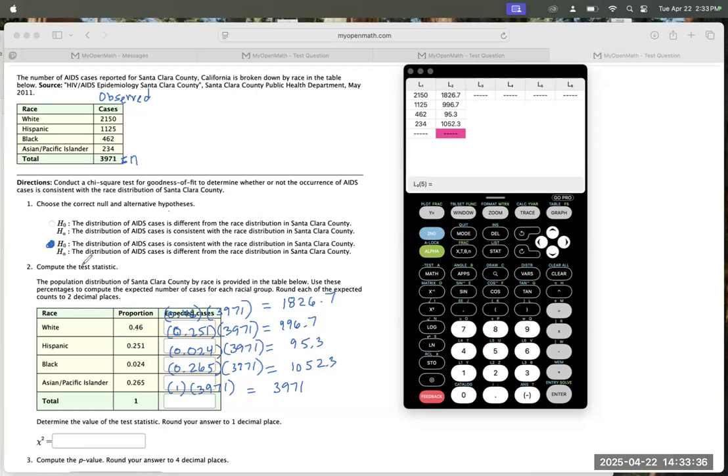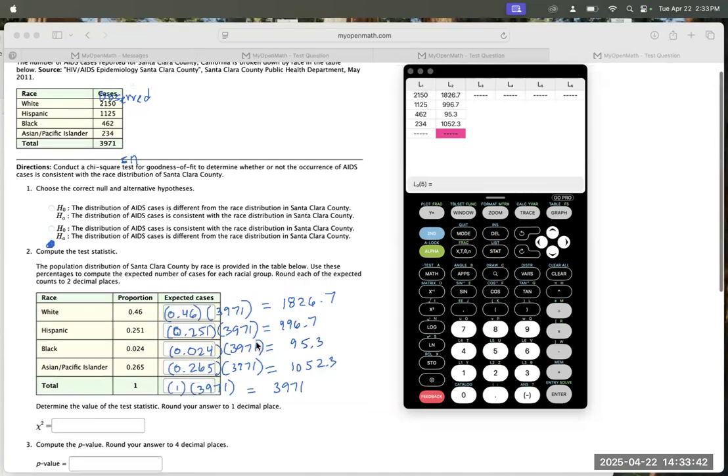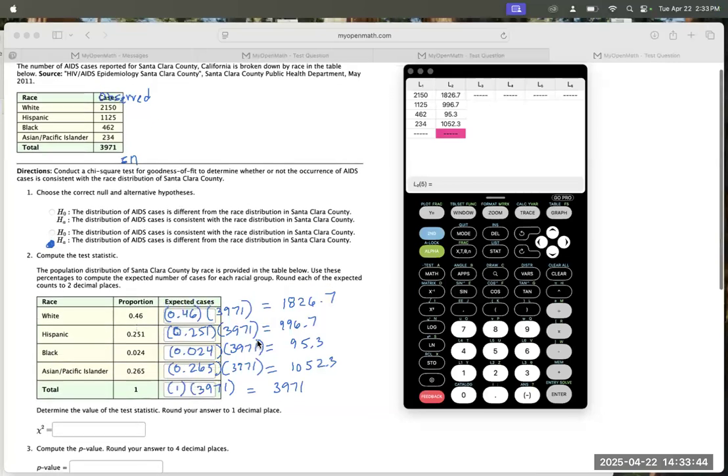In part 2, they ask us to calculate these expected values. So all I did was take the N value, the 3,971, and multiply it by each proportion. So I put 0.46 times the number sampled.